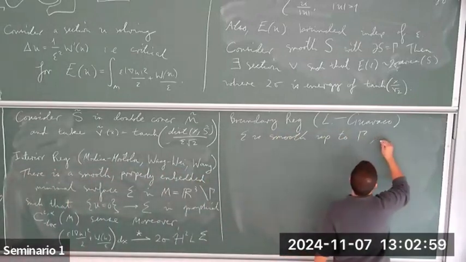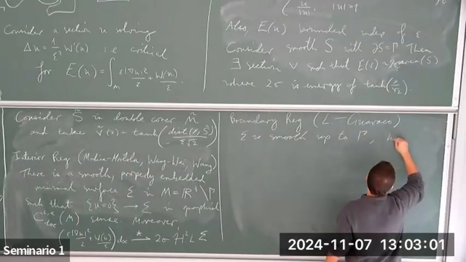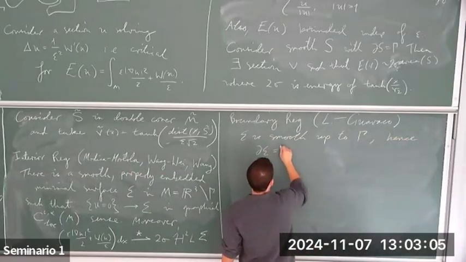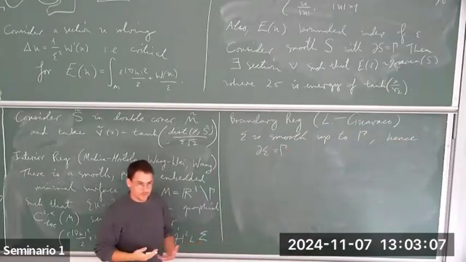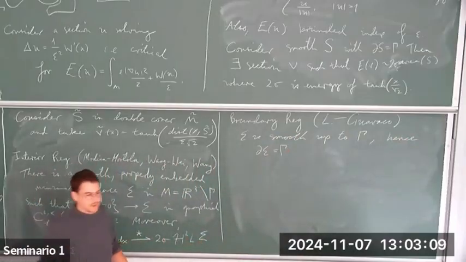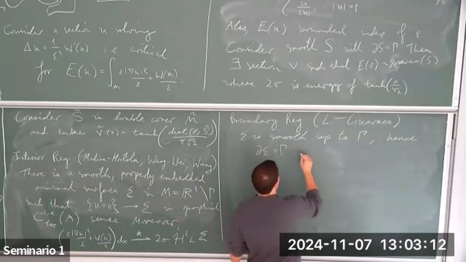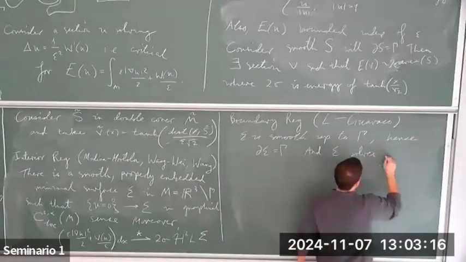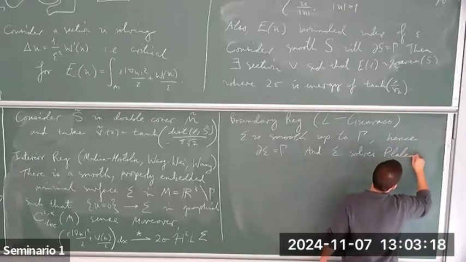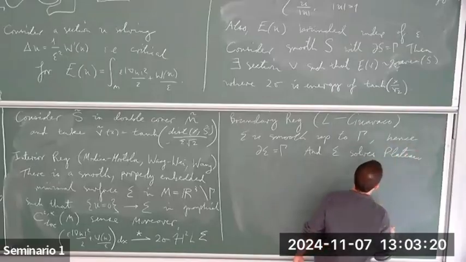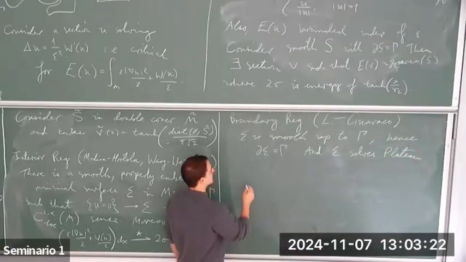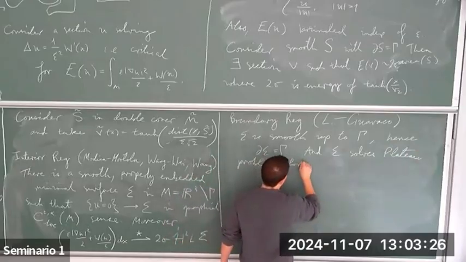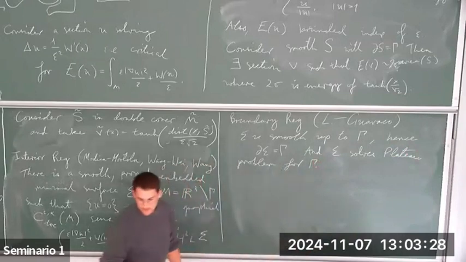In fact, once you know this, it follows immediately that sigma, viewed as a smooth surface with boundary, has boundary equal to gamma. And it's also easy to see that sigma solves the Plateau problem with boundary gamma.